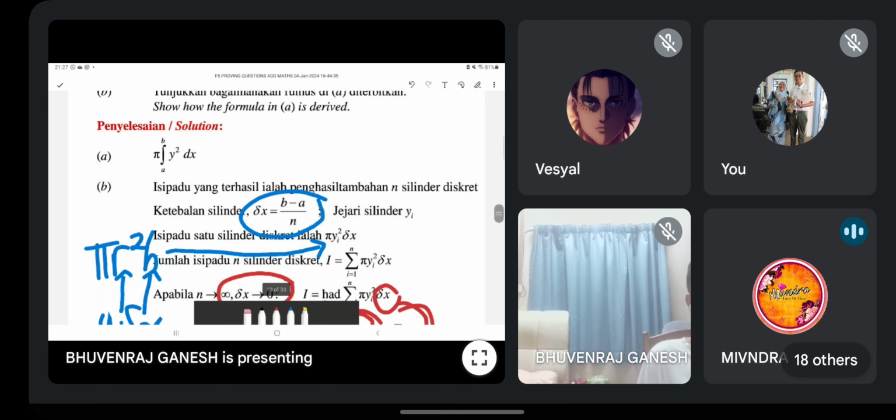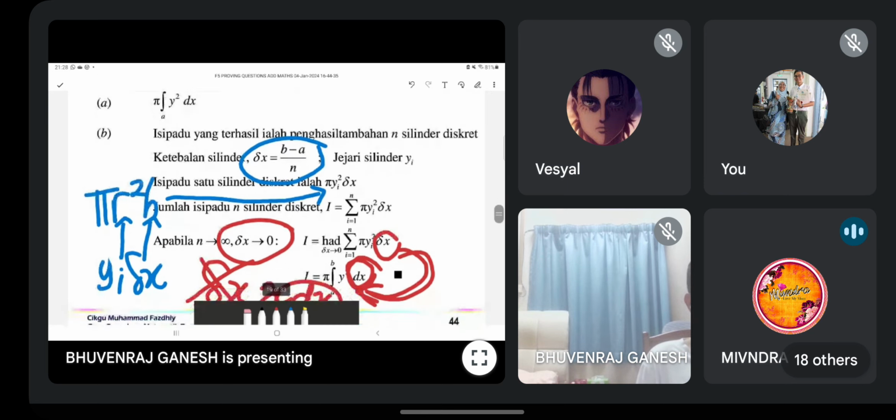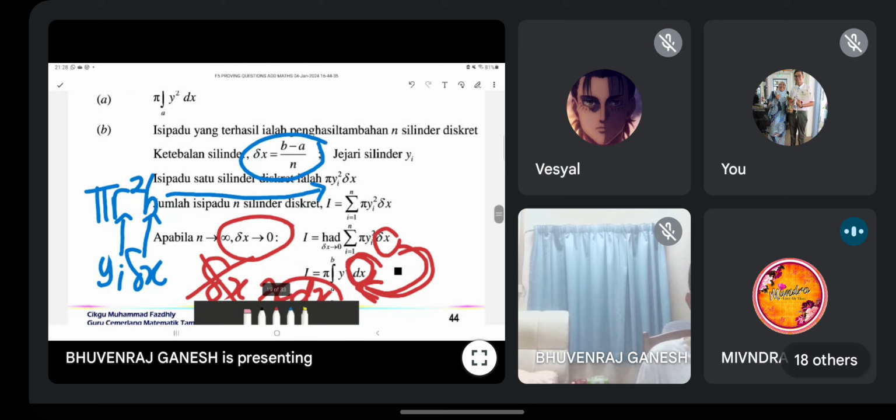Untuk isi padu n silinder, kita cari dulu macam tadi delta x, perubahan kecil x, b tolak a per n untuk dapatkan ketebalan silinder. Lepas tu kita anggarkan jejari silinder tu yi, untuk ketinggian juga macam tadi.